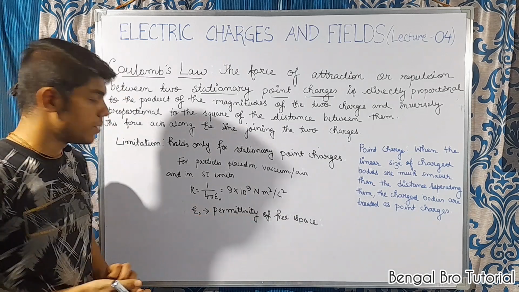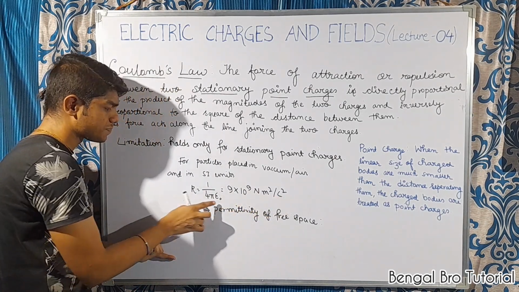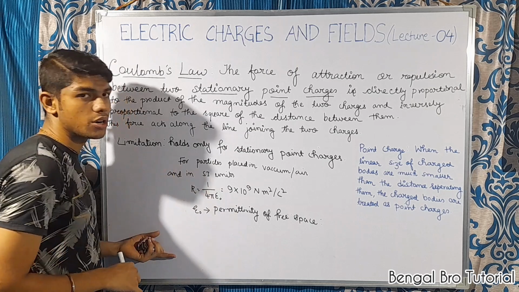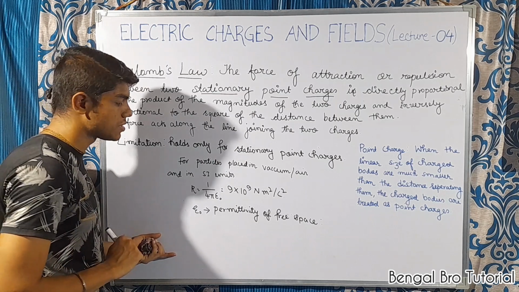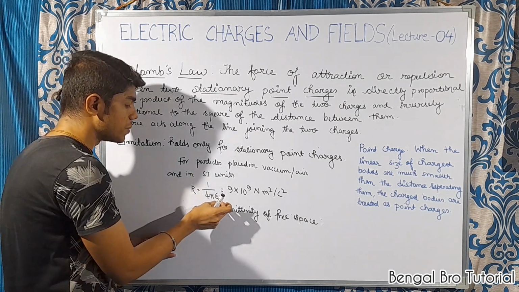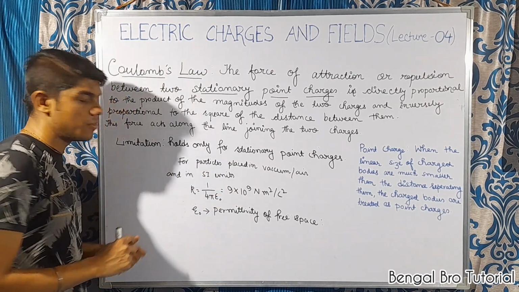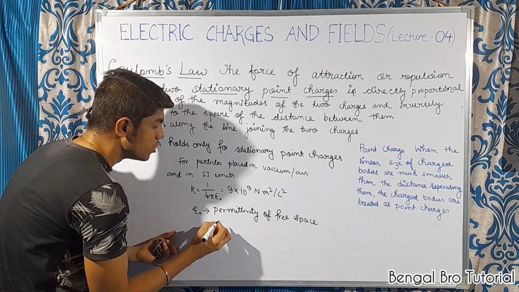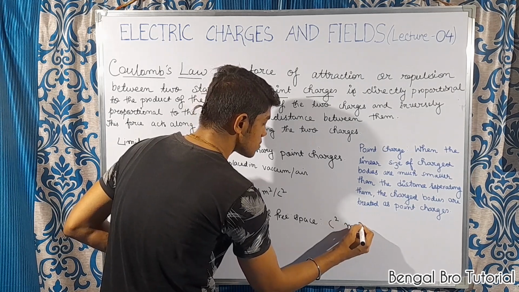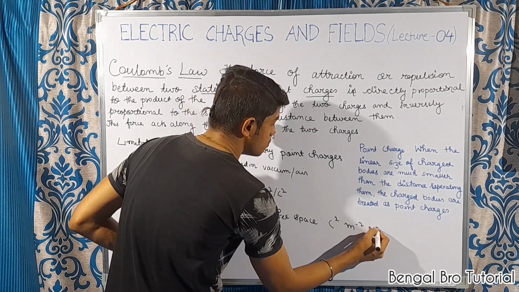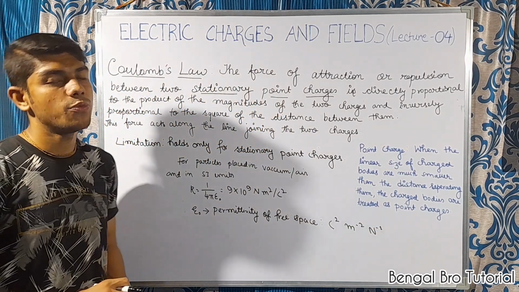The unit of epsilon naught will be just the inverse of this unit because k is inversely proportional to epsilon naught. 4 and pi are constants and they don't have any units. So the unit of permittivity will be Coulomb square meter square inverse Newton inverse. This is the unit of permittivity of free space.